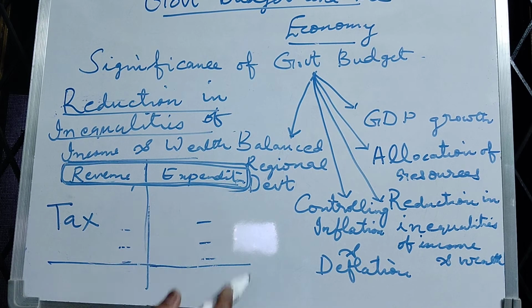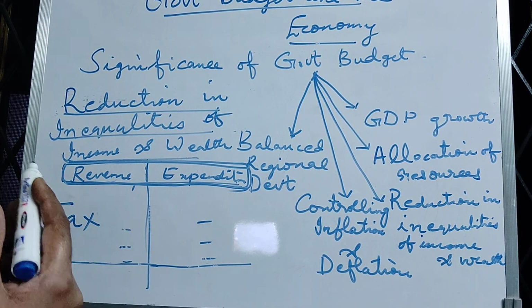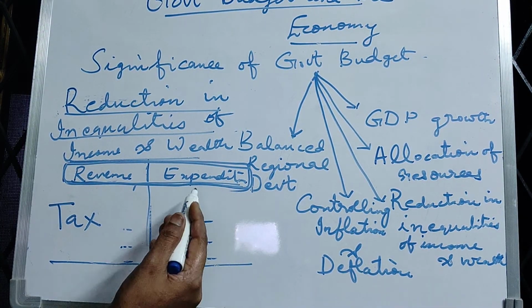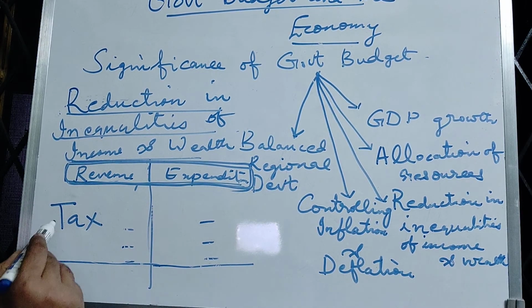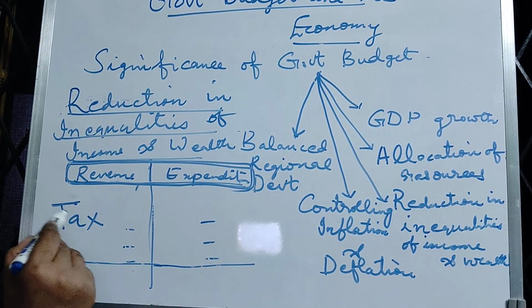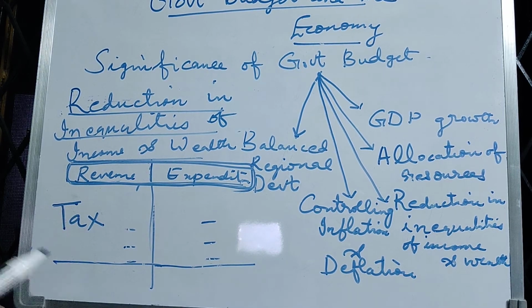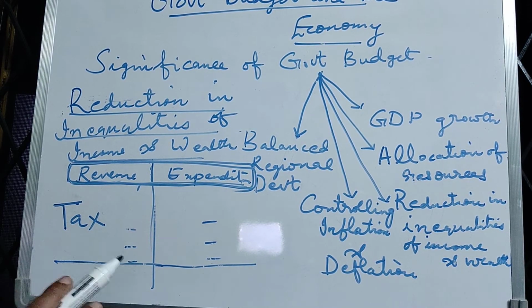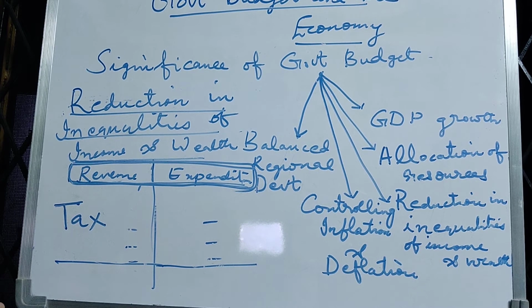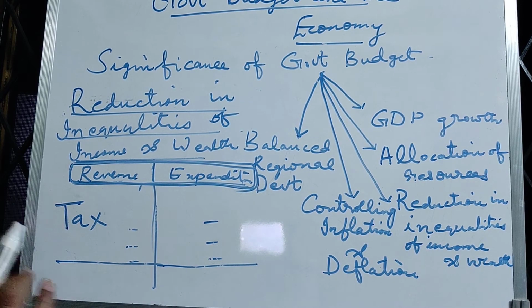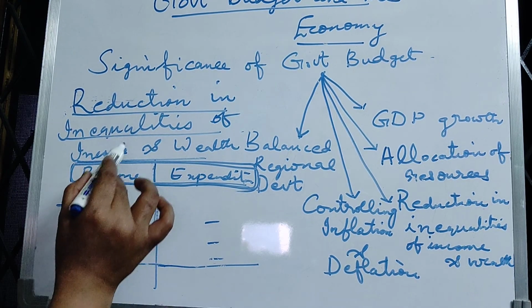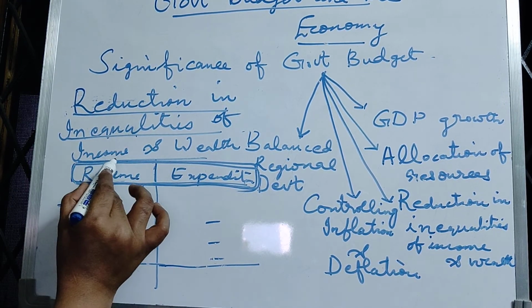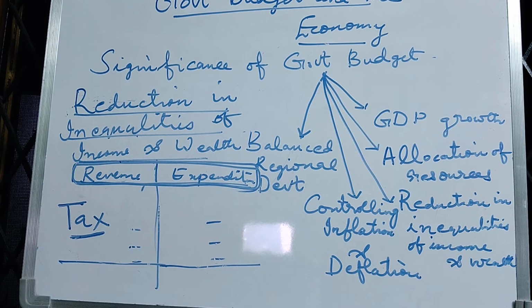And expenditure, there are innumerable expenditures the government incurs. Now, the government raises funds for its activities through tax. But the government also uses this tax as a measure to reduce the inequalities of income and wealth.